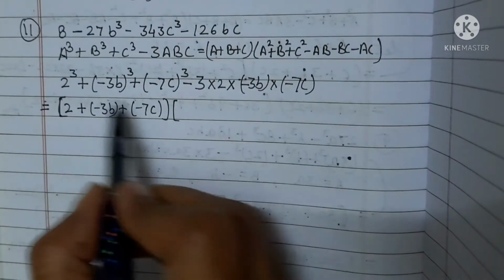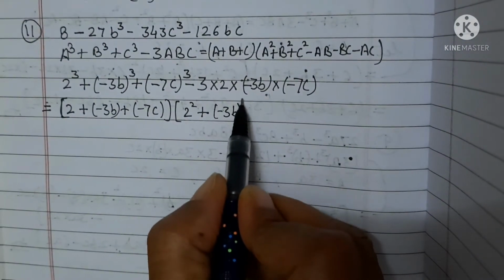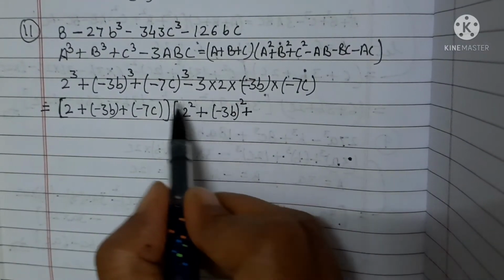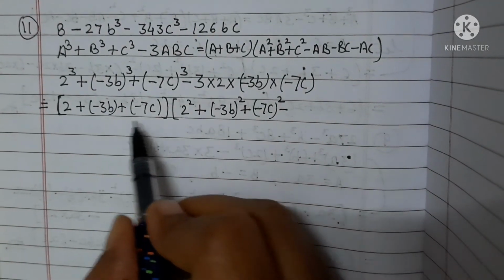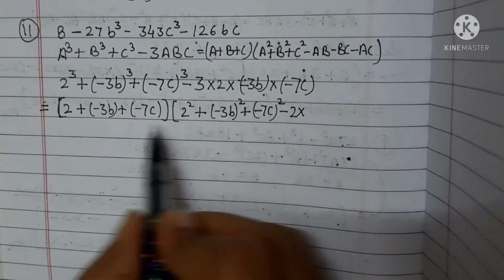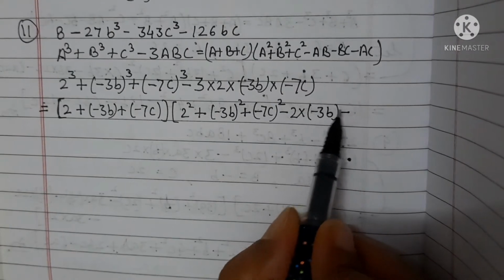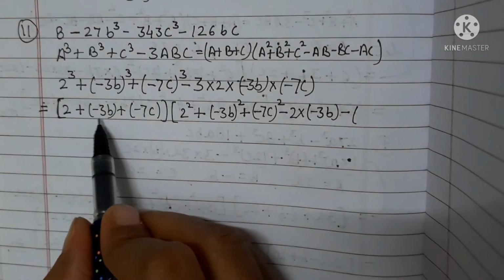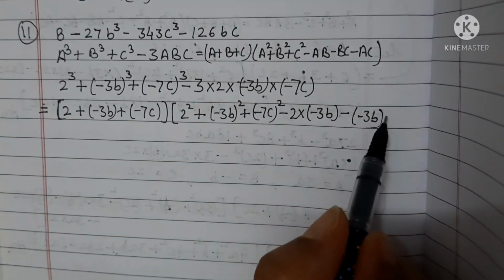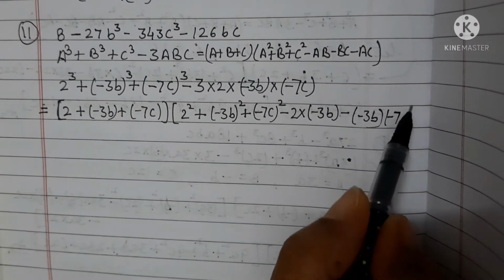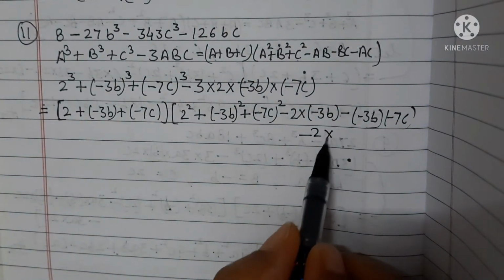Now a square means 2 square, plus b square means (minus 3b) whole square, plus c square means (minus 7c) whole square, minus ab means 2 into minus 3b, minus bc means minus 3b into minus 7c, and minus ac means 2 into minus 7c.